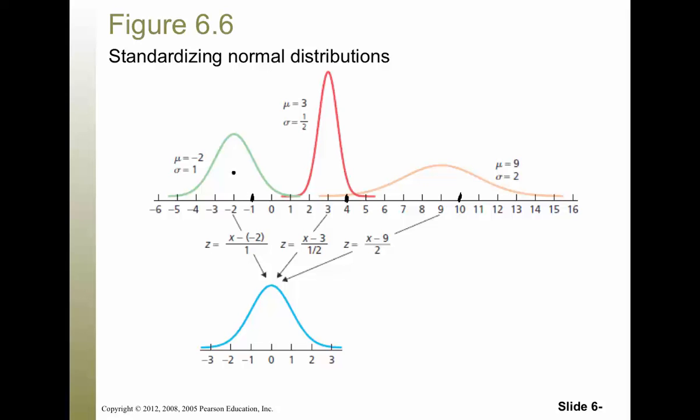So this is like the x1 variable. Green is x1. Red is x2. And brown is x3, okay? So let's get the z-scores for -1, 4, and 10 on their respective scales, okay?